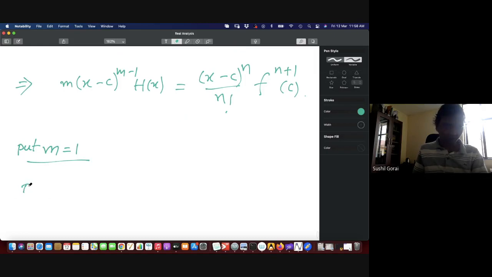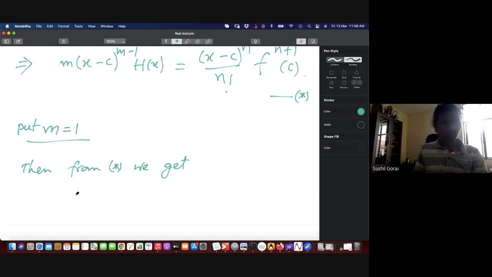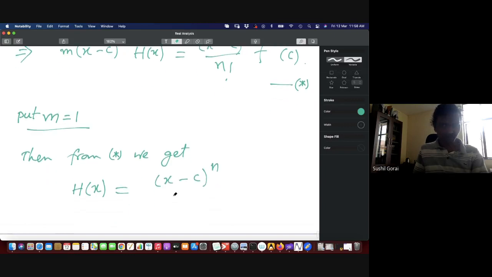Then from star we get c_m equal to 1, this goes to 0. So h(x) will be (x minus c) power n by factorial n, f^(n+1)(c).